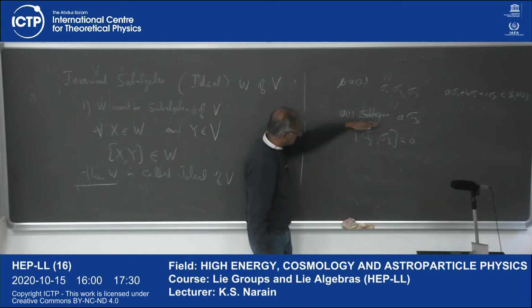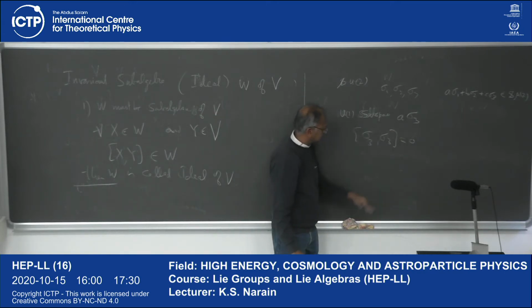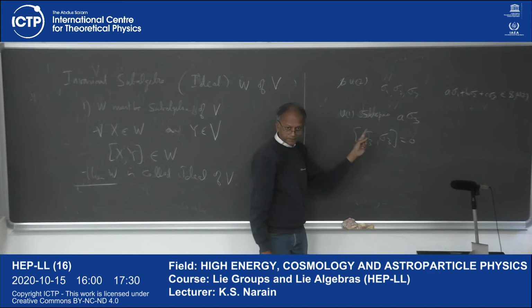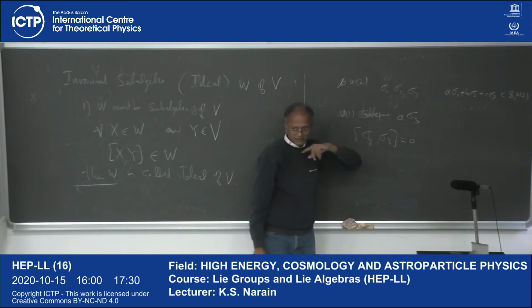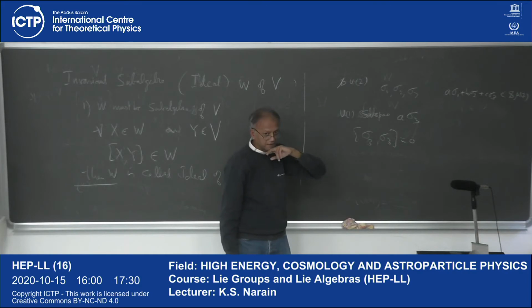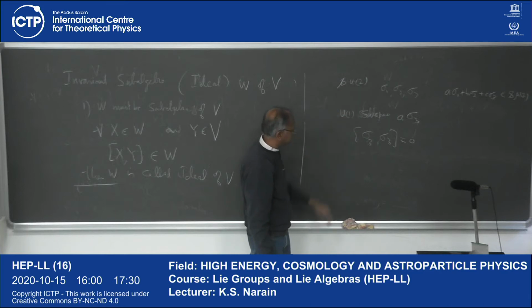So we take this one-dimensional subspace generated by sigma 3, and sigma 3 commuted with sigma 3 itself is 0. So this, of course, is an abelian algebra. It satisfies the condition of a subalgebra. So we have a U1, which is a subalgebra of SU2.